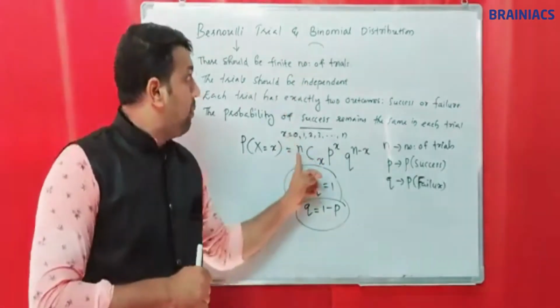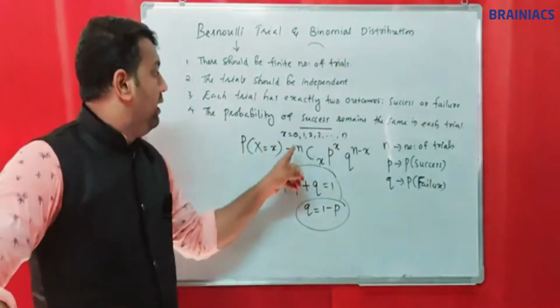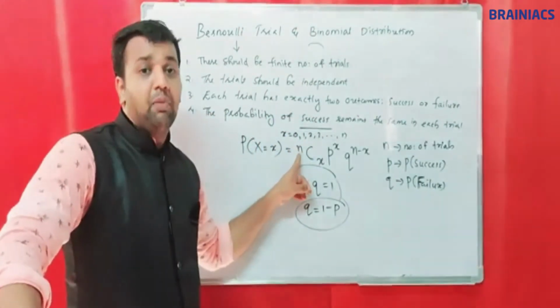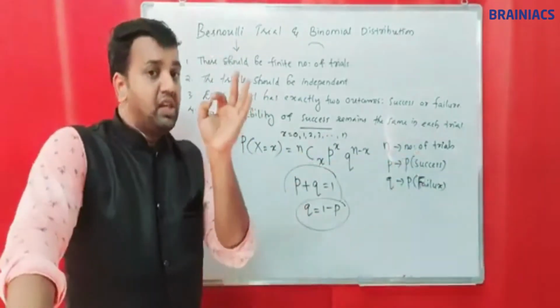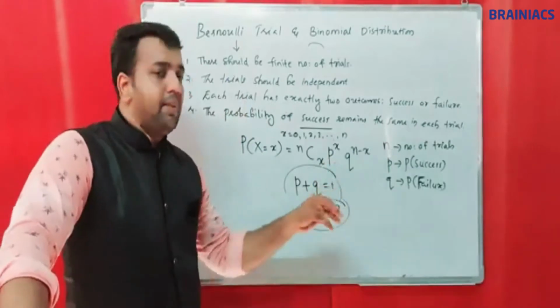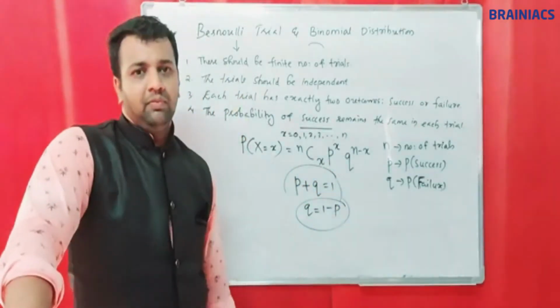Binomial distribution is used when the number of trials is more than 3.